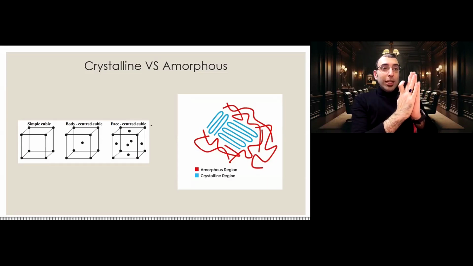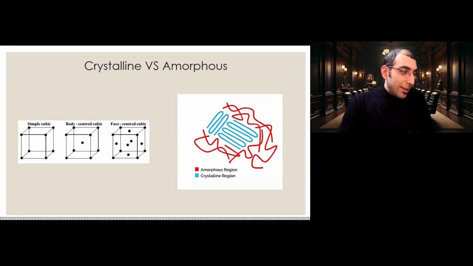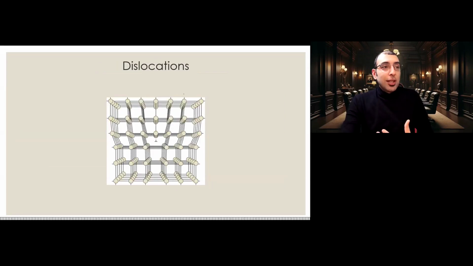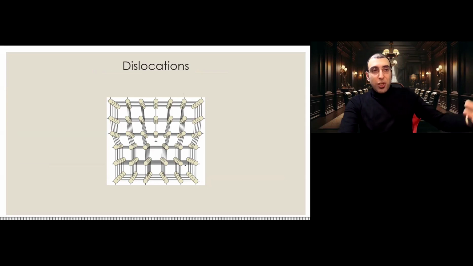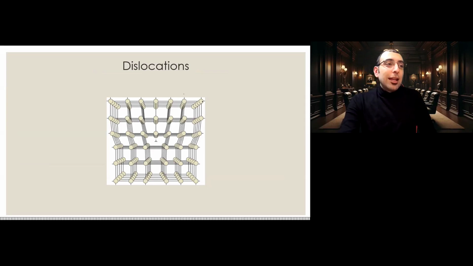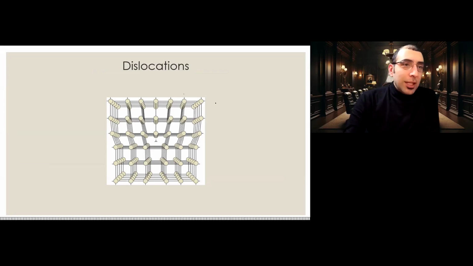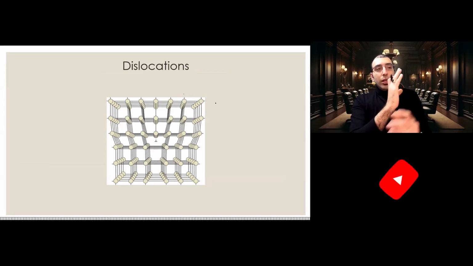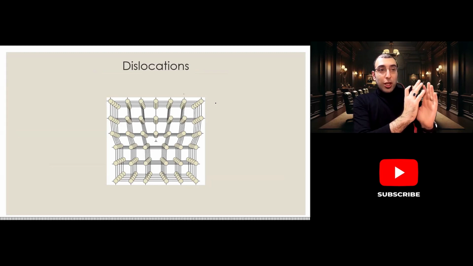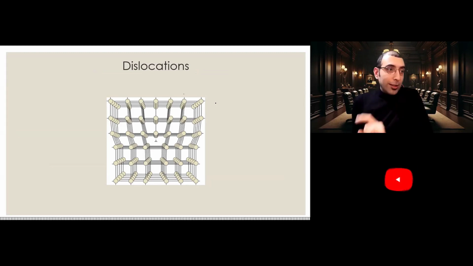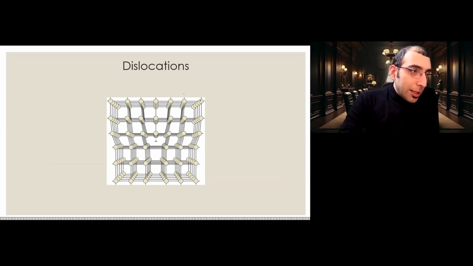Now, within these planes of atoms, within this ordered arrangement, sometimes... So this is really ordered, right? This is a crystalline material with a certain arrangement of these atoms. And then you have order, right? You can see order here. So these planes of atoms are perfectly ordered next to each other, except for one. As you can see, we have a line here.